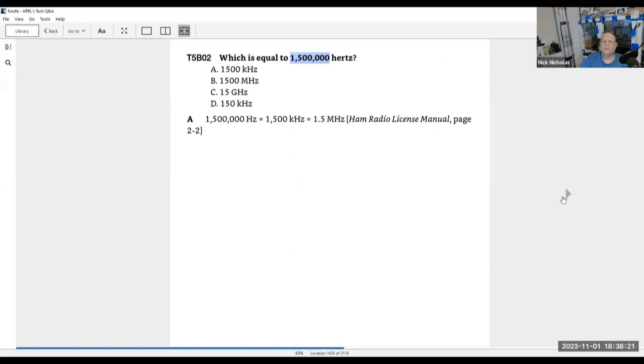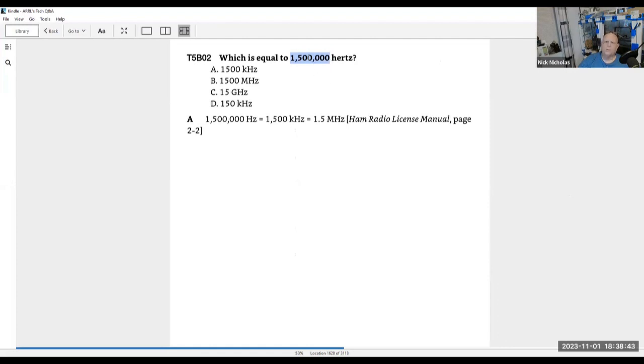Which is equal to 1,500,000 hertz. All right. 1,000,000 hertz is 1.5 megahertz because it's a million. That answer is not here.